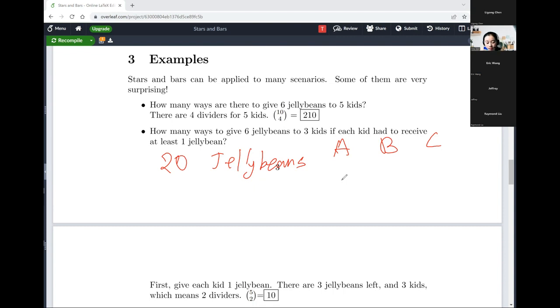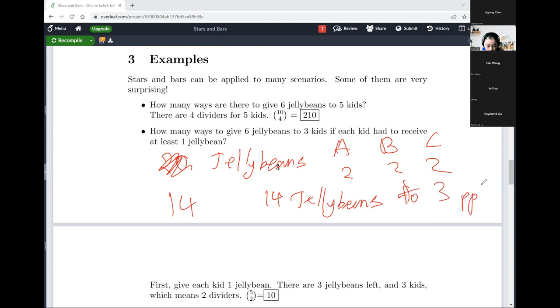The trick is that you give 2 jelly beans in advance. Since we gave 6 away, now we have 14 jelly beans to give to 3 people, including 0.